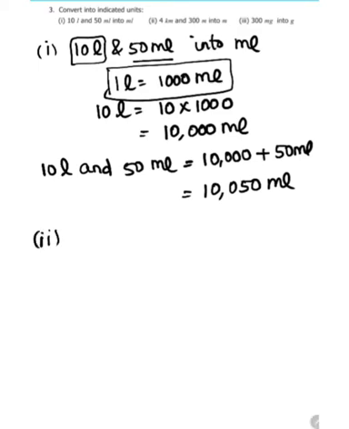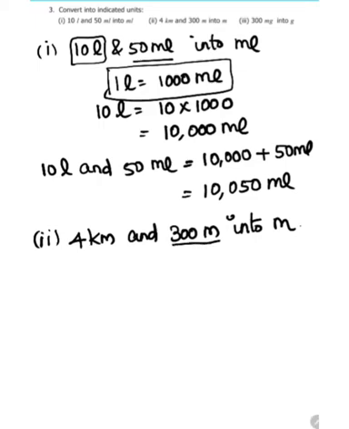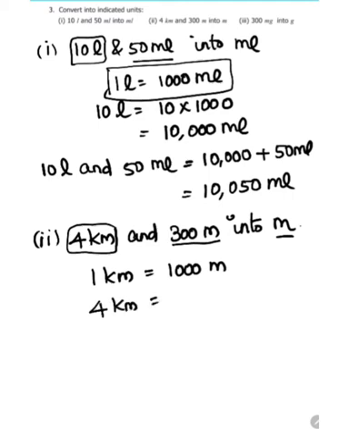The second question is 4 kilometer and 300 meter into meter. Now the 300 is already in meter, so we have to change this. What is that? 1 kilometer is equal to 1000 meter. So 4 kilometer is equal to 4 into 1000, is 4000 meter.